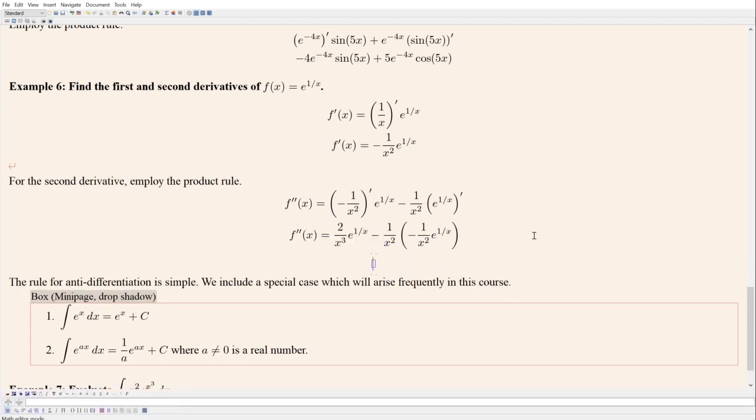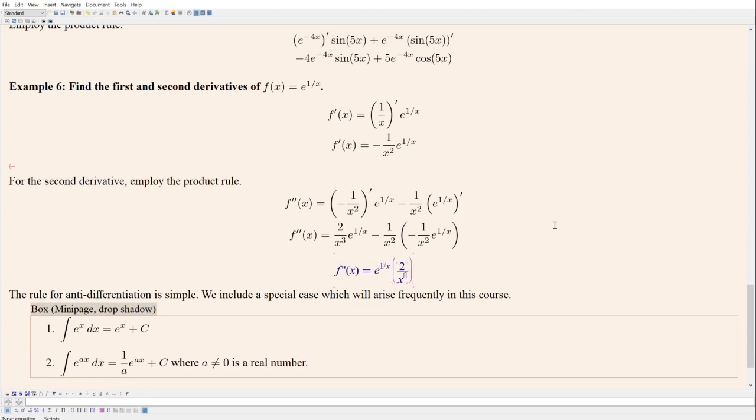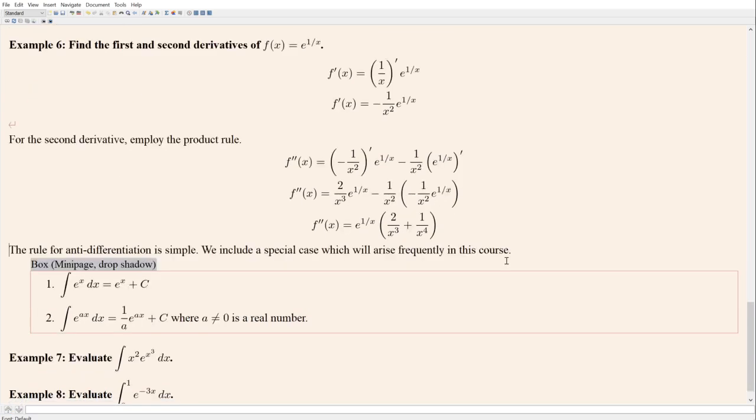There it goes. Now we're done, but let's clean this up a little bit. We have an e to the 1 over x in both terms, so we can factor that out. So minus a minus becomes plus 1 over x to the 4th. And that's it. That's about as clean as we can get it.